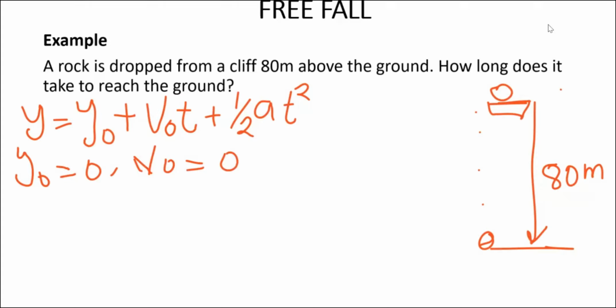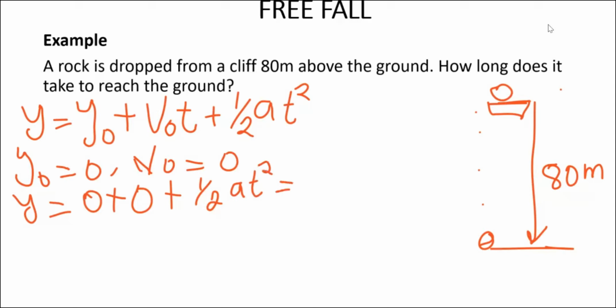So that is 0 plus 0 times t, which is 0, plus half a t squared. So y is just equal to half a t squared.